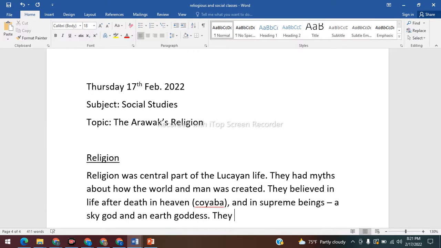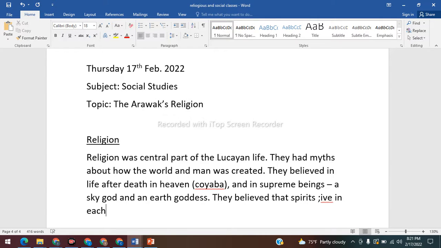They believed that spirits live in each living thing, and they made zemis, or we say idols, representing these spirits.